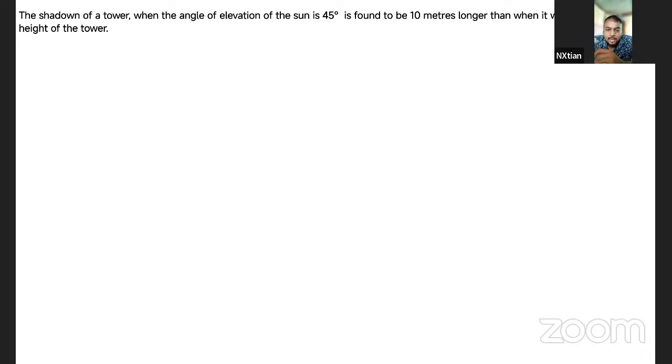Can you read the question, A for Anna? Sir, it's the shadow, right? Or is it another word? Oh, shadow.